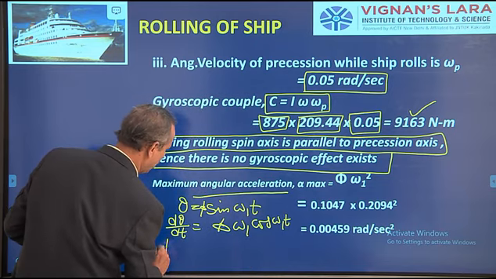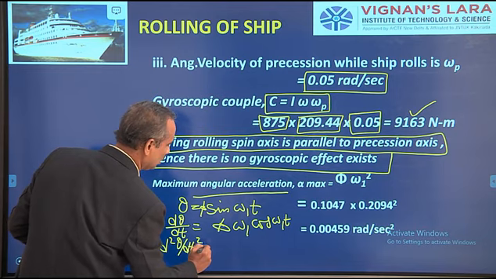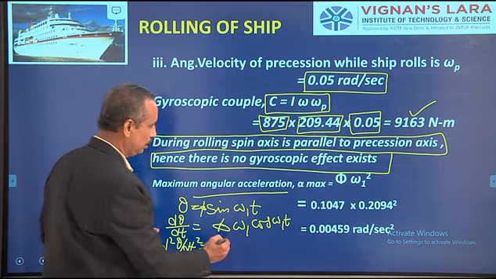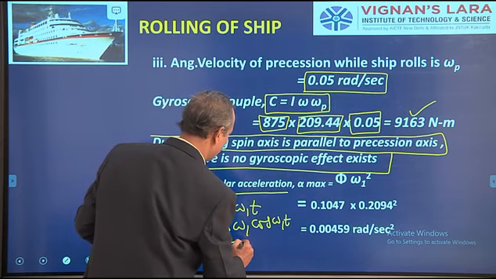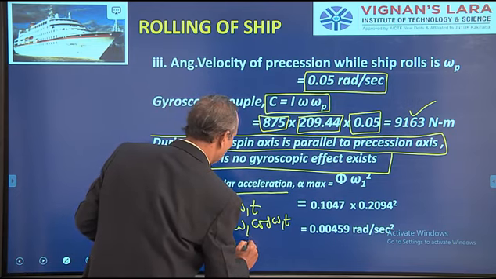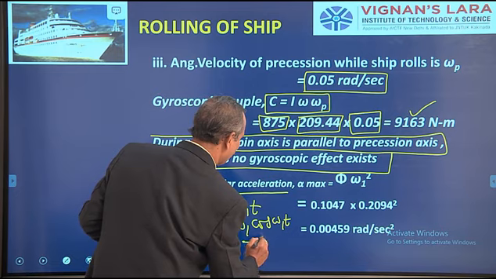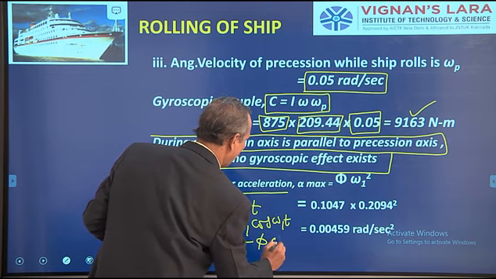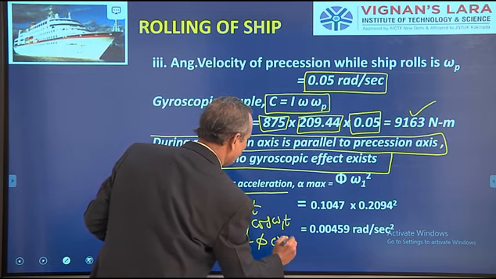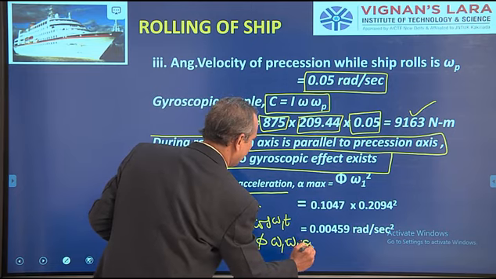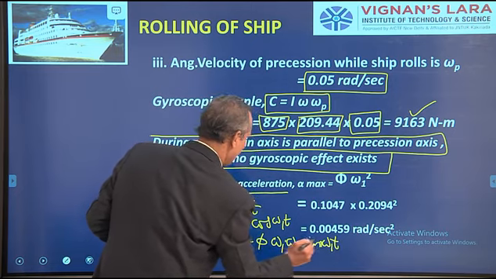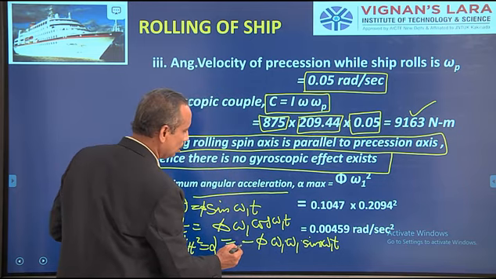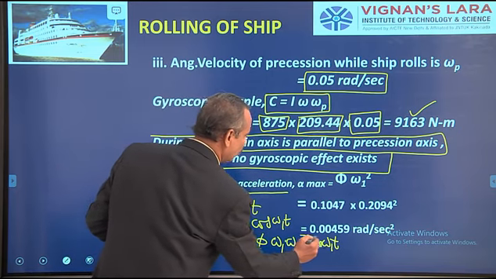Then once again differentiate, d square theta by dt square, which is called alpha, that is angular acceleration during pitching. This is minus phi omega 1 into omega 1 sine omega 1 t.